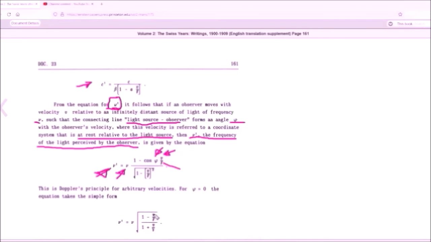If the velocity is equal to c, you have a problem here: the relative frequency will be 0, meaning there will be no frequency. If the velocity is negative, going the other direction, the frequency will increase enormously, or will be doubled.